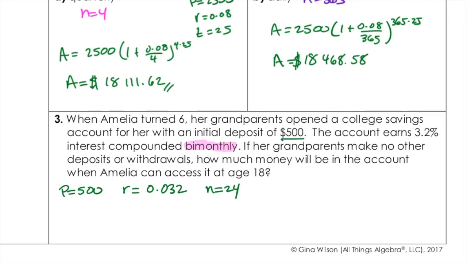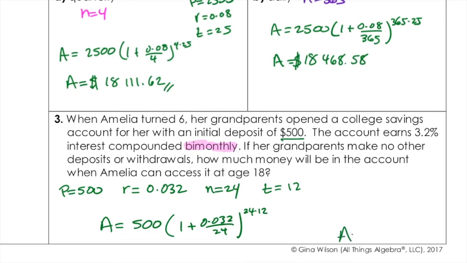If her grandparents make no other deposits or withdrawals, how much money will be in the account when Amelia can access it at age 18? So we know that T is going to be 12, because it's 18 minus 6. So A equals P times (1 plus 0.032 over 24) to the 24 times 12. That means she's going to have 733 dollars and 88 cents.